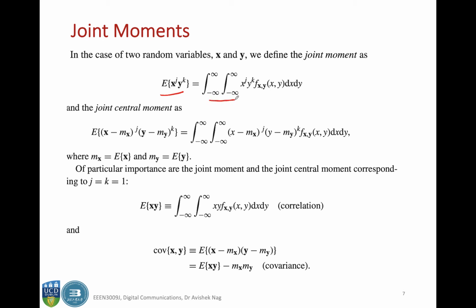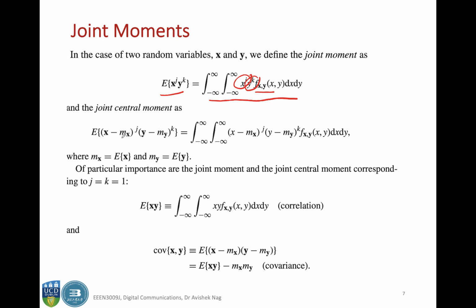So you multiply the values of x and y raised to the corresponding powers j and k, and then you multiply it with the joint PDF and then integrate it over all values of x and y.